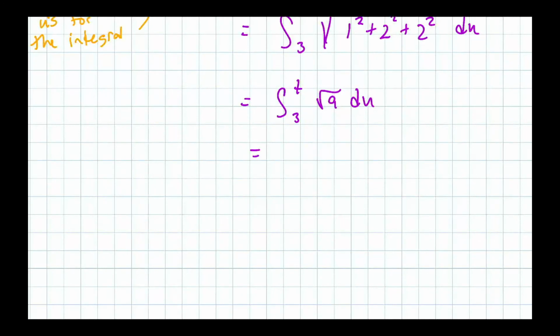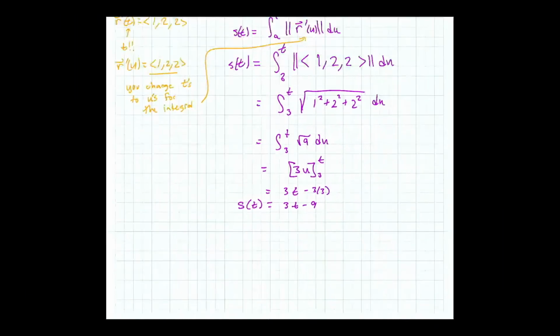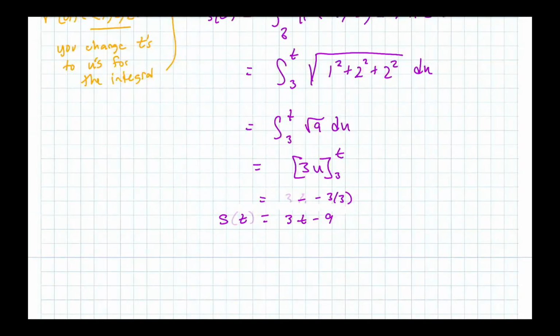So this is going to be 3u from 3 to t when we do the antiderivative. So 3t minus 3 times 3. So you end up with 3t minus 9. So that's your integral, but your integral is a function of t. So that's your arc length function.